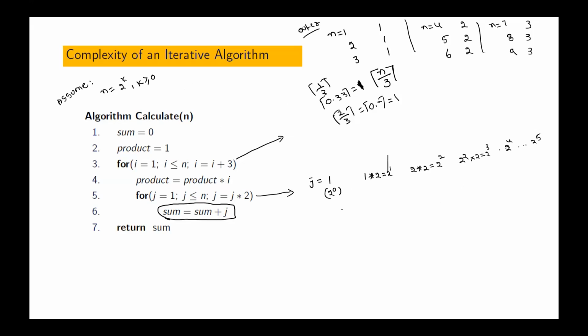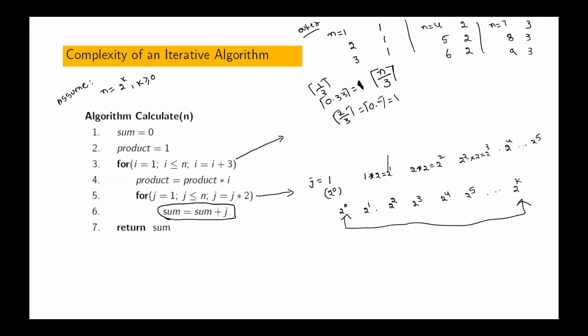First this will be 2 power 0, next it will become 2 power 1, next 2 square, next 2 cube, next 2 power 4, next 2 power 5, and so on. Whenever it is 2 power k, it stops, no? Is that correct?